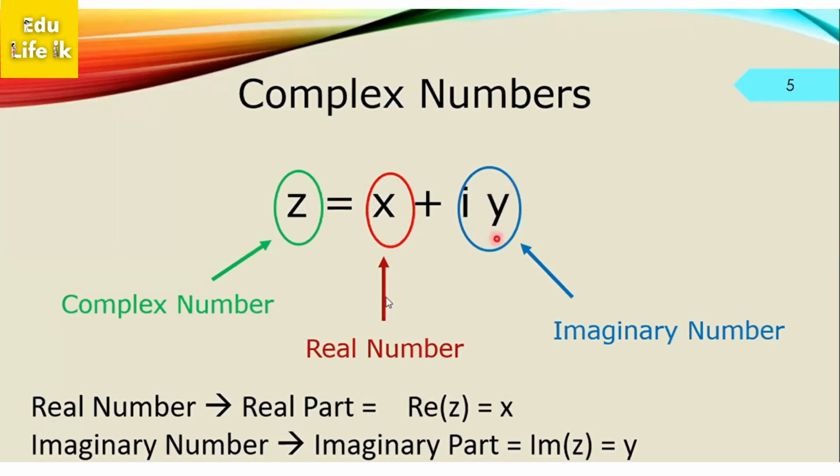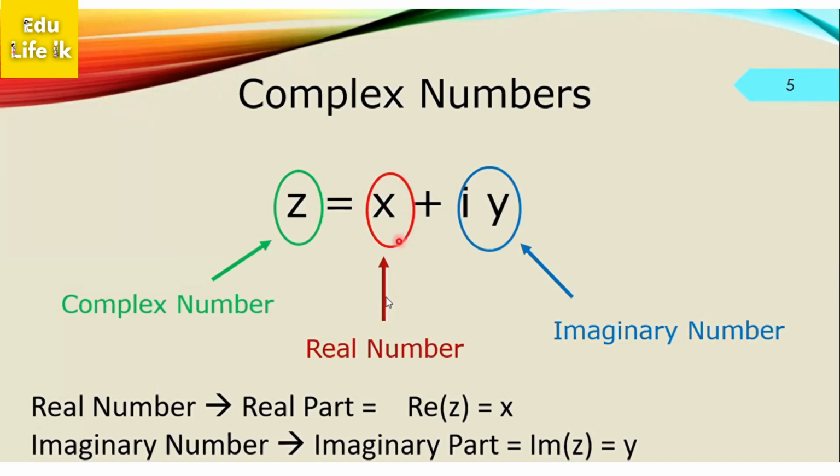If you take only Y, that is a normal real number. But if you multiply it with I, it becomes an imaginary number. So in the complex number Z, X is the real number, and I times Y is the imaginary number.